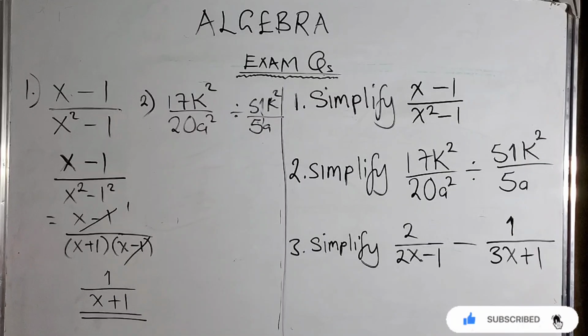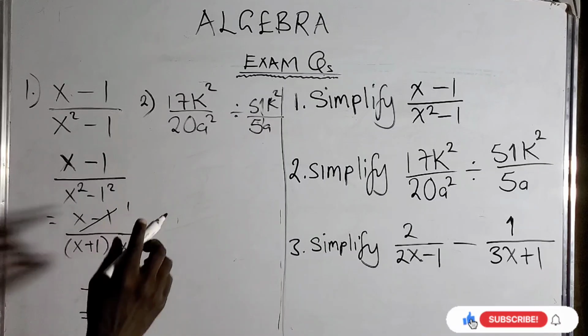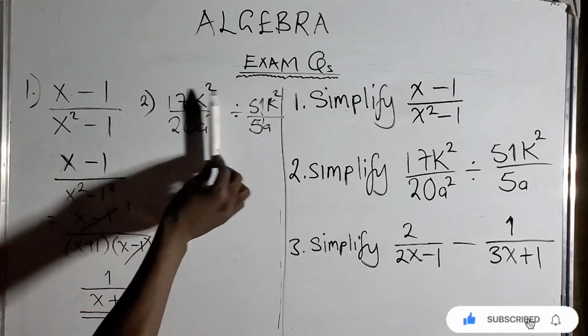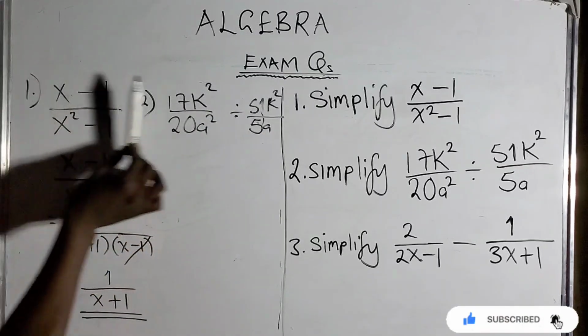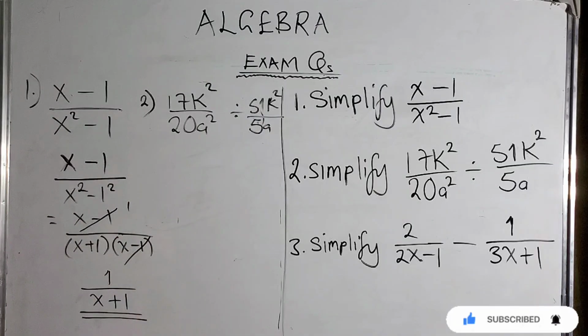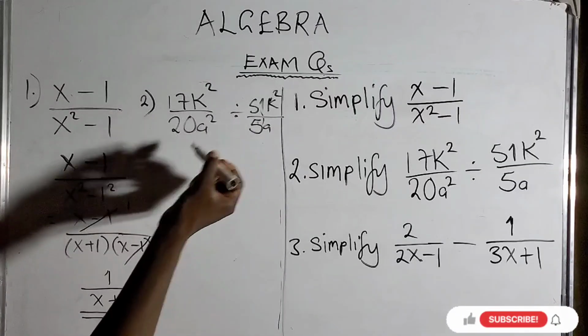So what do you do when you're given such a question? Solve. That's what you can do. Now, how do you solve? This is exactly how you solve. Look at this. This time around, you have 2 terms separated by division. So what you do is you change this division to multiplication.